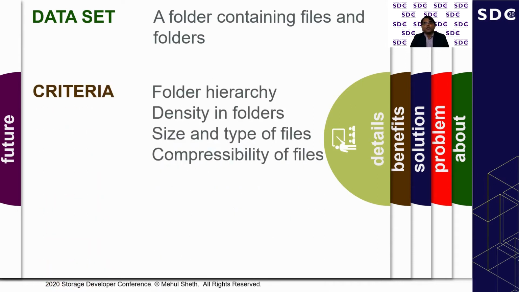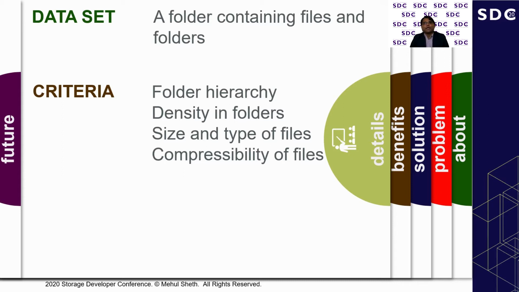Here are a few criteria that we had. It could be different for you and the applications you need to test. Folder hierarchy, that is the full path of the file or folder, depth at which it is located from the root directory, etc. Number of files and directories per directory, that is the width of the tree at each folder level.